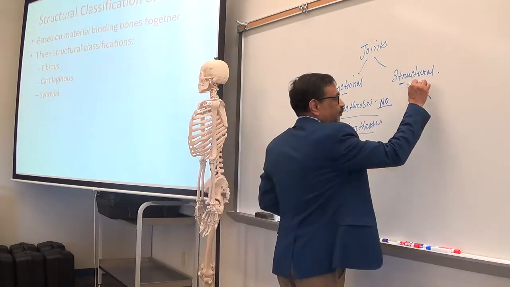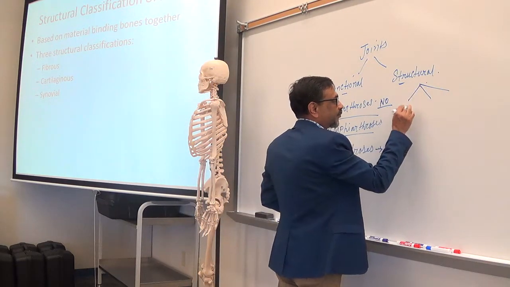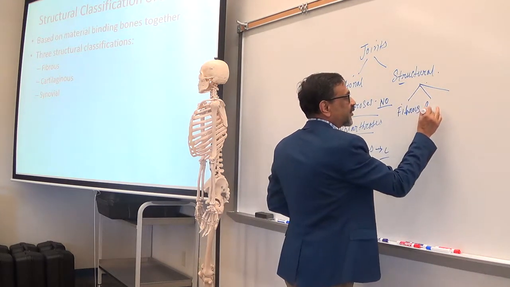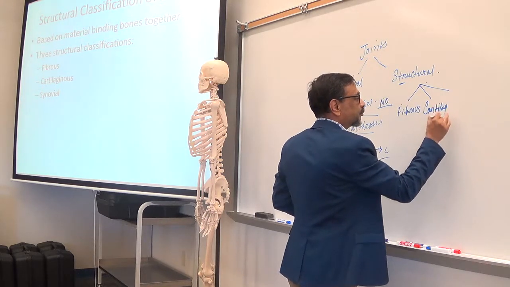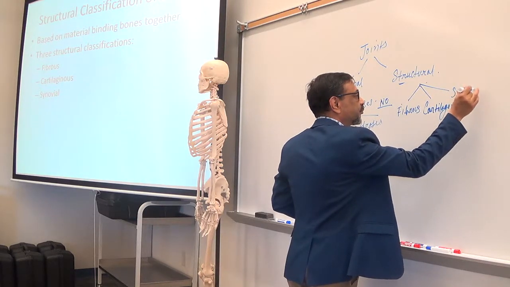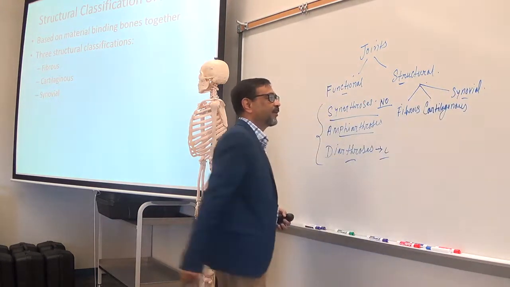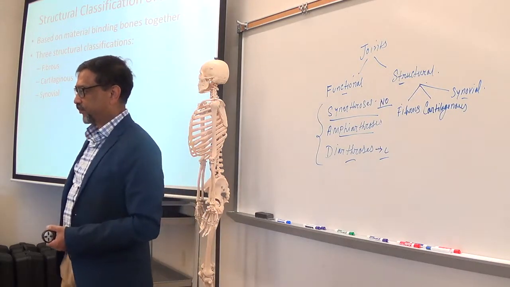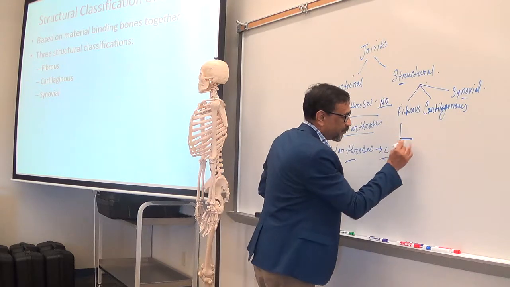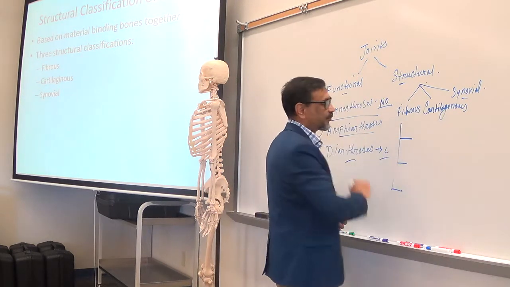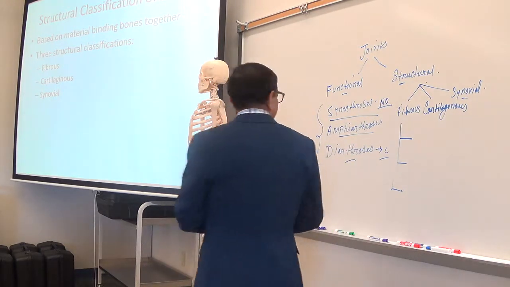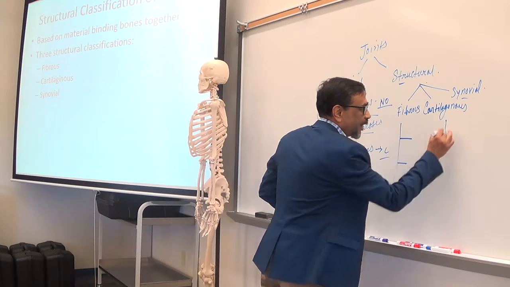So fibrous is one type, cartilaginous and synovial. Okay, so those are three types of structure. Then fibrous could be three types, and cartilaginous two types.